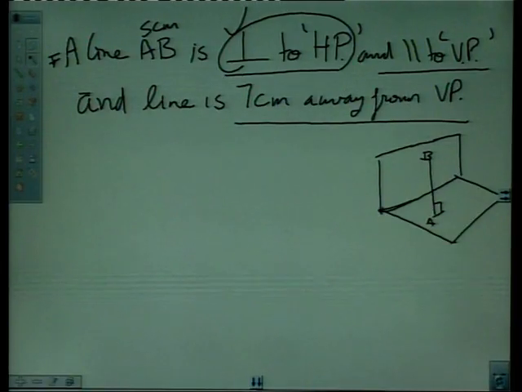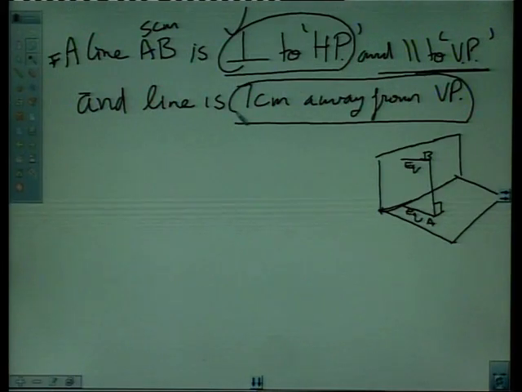Second is parallel to vertical plane. If both these points, end A and end B, are at equal distance, that means it is parallel to vertical plane. We have solved this also. And third condition is 7 centimeter away from vertical plane.